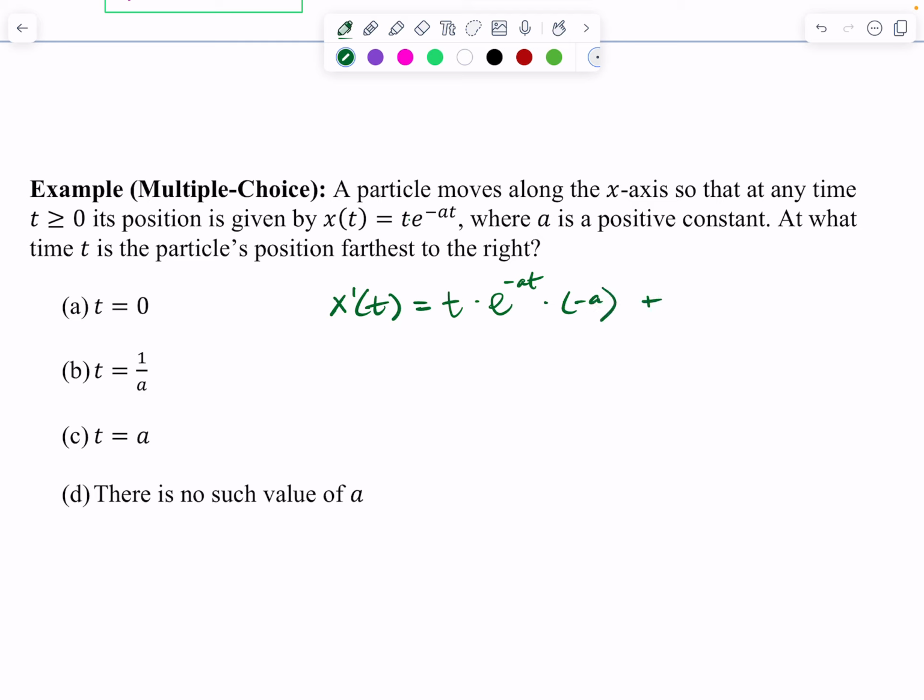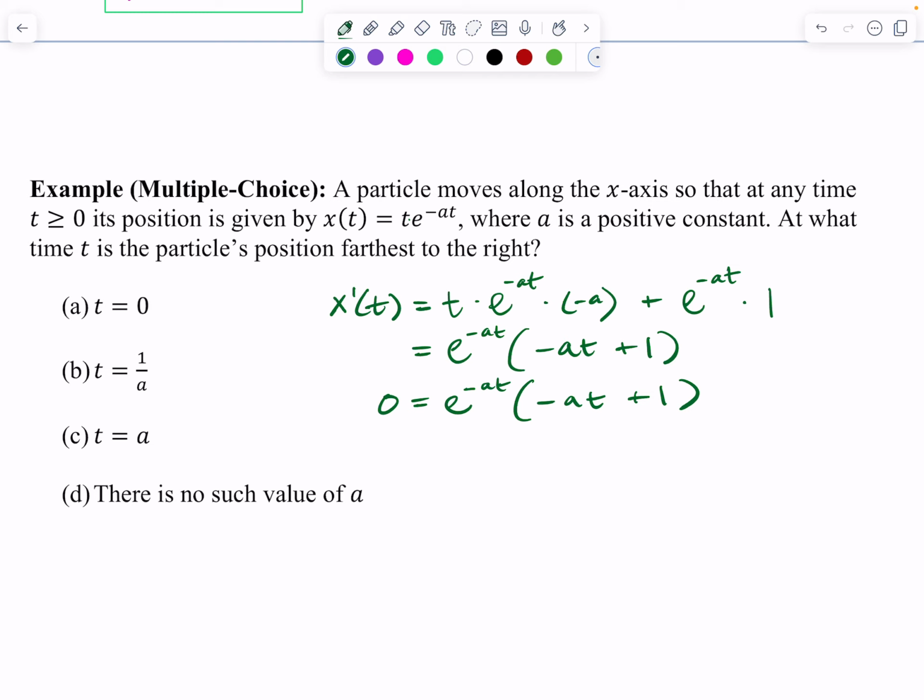And then plus second factor times derivative of the first. Okay, so simplifying that, I could factor out e to the negative at. And then setting x prime of t equal to 0 to determine when the velocity is 0.